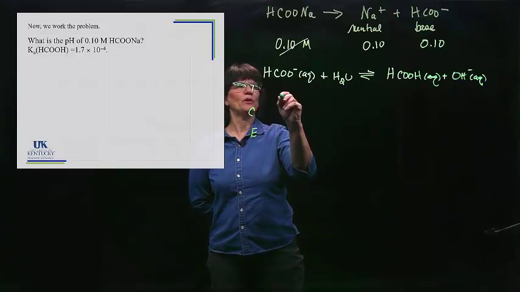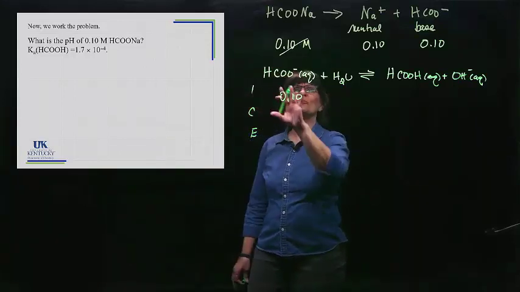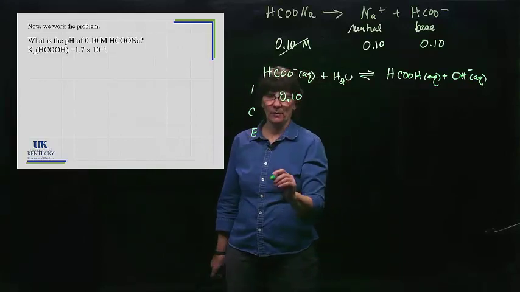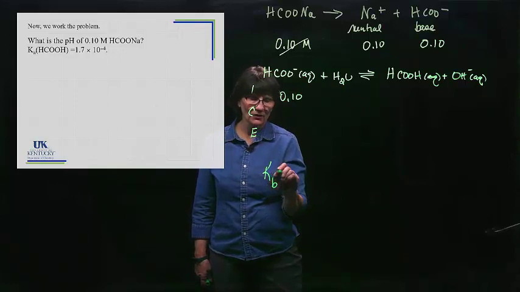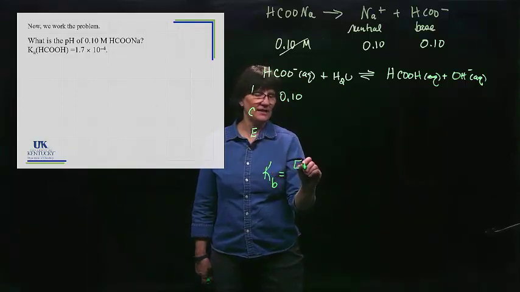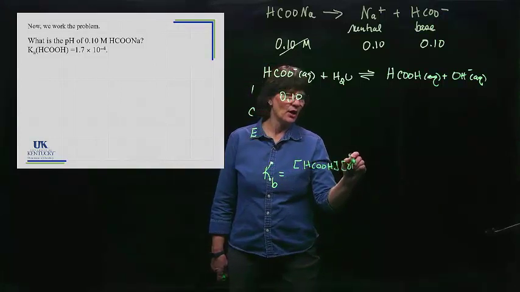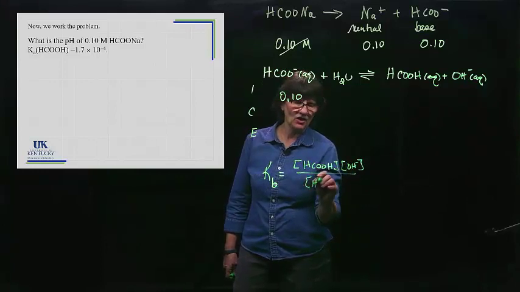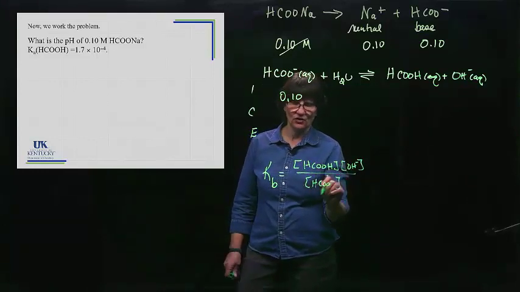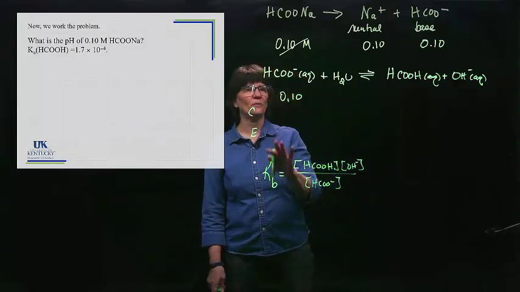I'll go ahead and put the 0.10 there and stop for just a minute and write the expression for this equilibrium. The K, is it an A or B expression? Well, that's a base, so it's a Kb expression. It is the HCOOH concentration times the OH minus concentration divided by the HCOO minus concentration.